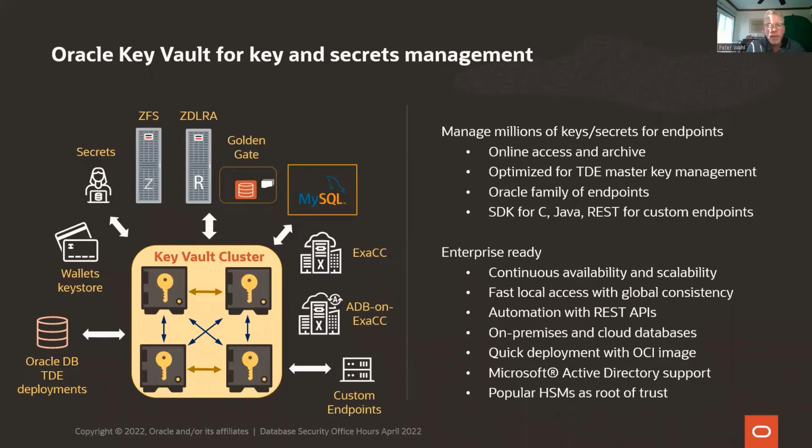And the C and Java SDK that comes with OKV 21 allows you to basically convert any application that you have that somehow deals with encryption keys or secrets to leverage Key Vault as a secrets or key management repository, and your applications can retrieve those secrets and encryption keys and whatever other things are sensitive on demand out of OKV.